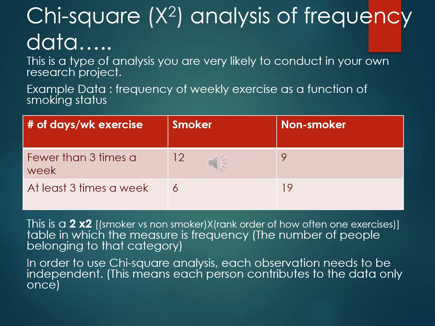Smokers who exercise at least 3 times a week are 6 people, non-smokers who exercise fewer than 3 times a week are 9, and non-smokers who exercise at least 3 times a week are 19. So the test that you are interested in is whether or not smoker or non-smoker status is systematically related to whether you exercise fewer than 3 times a week or at least 3 times a week.